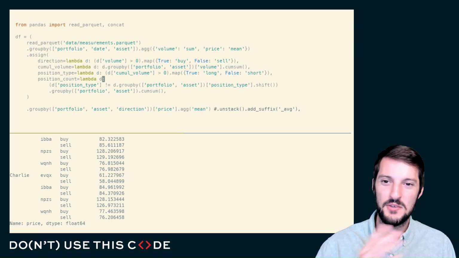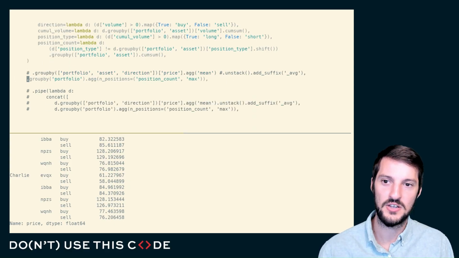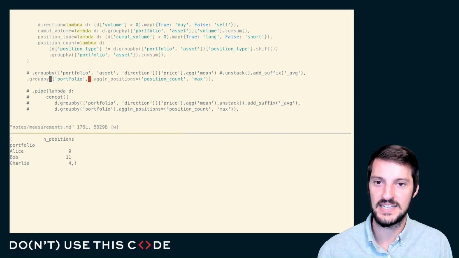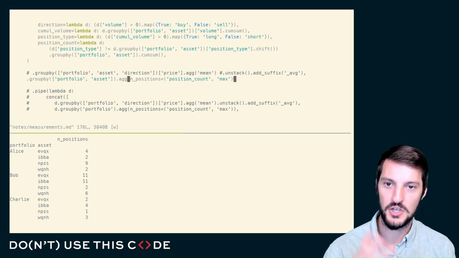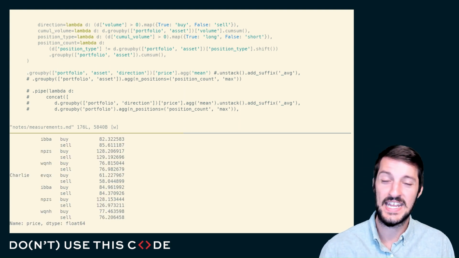And so if I think about this analysis, and then I think about the computation I need to perform in order to count the number of positions that I have, and this will be a group by here on portfolio and asset, just taking the maximum of my positions count, I can see that this index is simply portfolio and asset, whereas this index is portfolio, asset, and direction.